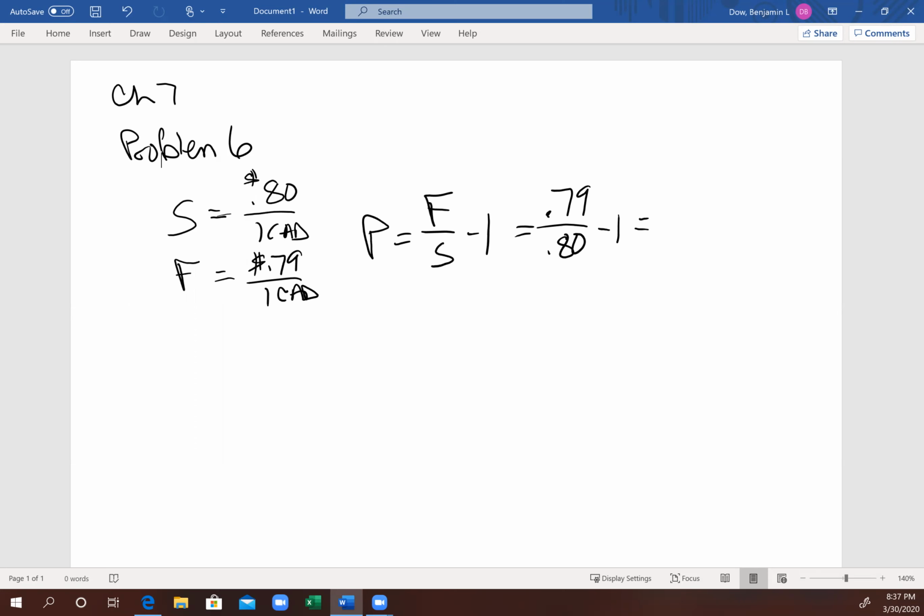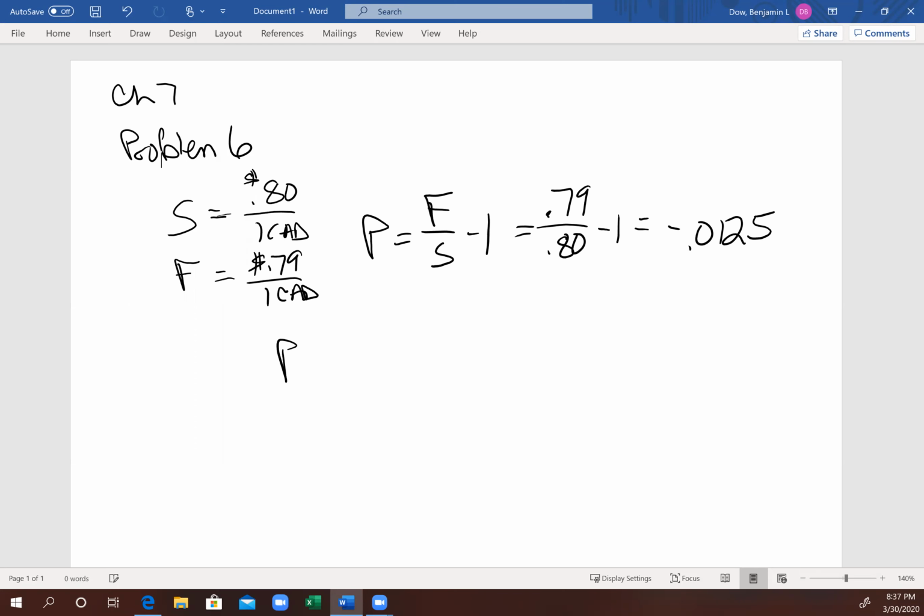Using the forward divided by spot minus 1, we come up with negative 1.25%.